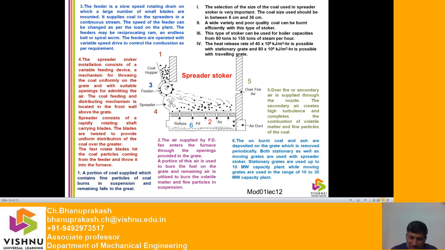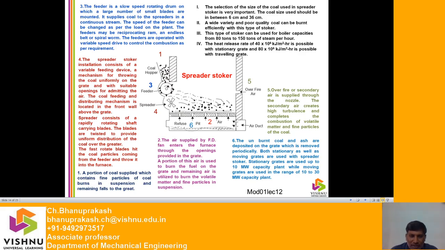The air is supplied by a forced draft fan and enters the furnace through the openings provided in the grate. A portion of this air is used to burn the fuel on the grate and the remaining air is utilized to burn the volatile matter and fine particles in the suspension.